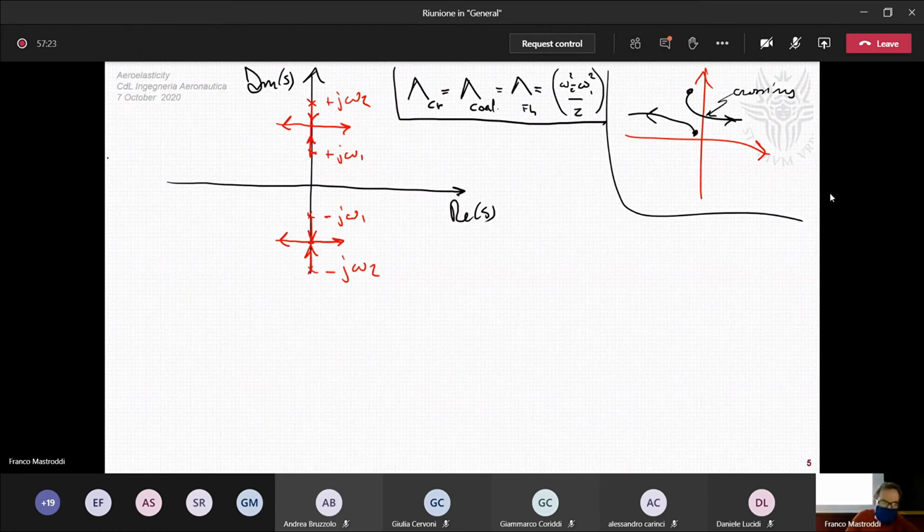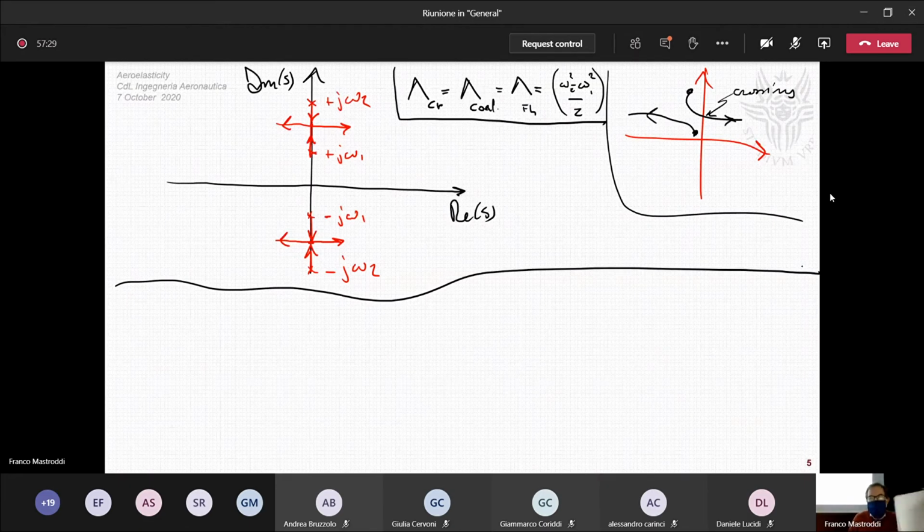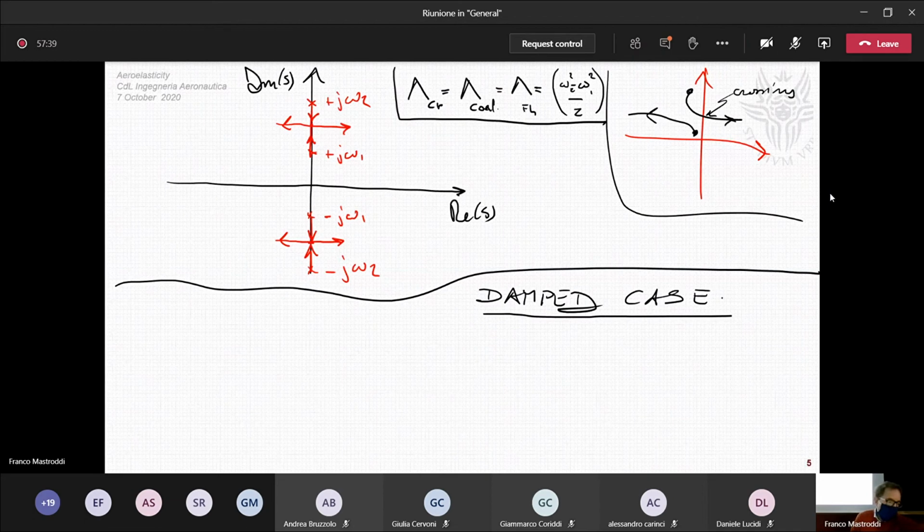In the damped case, we have the following characteristic equation.